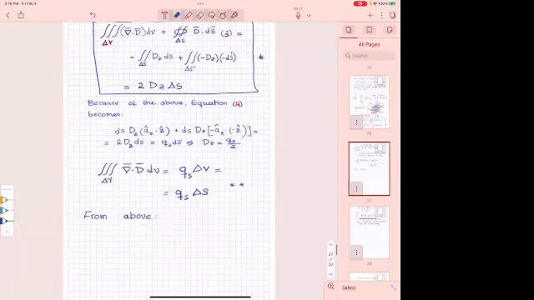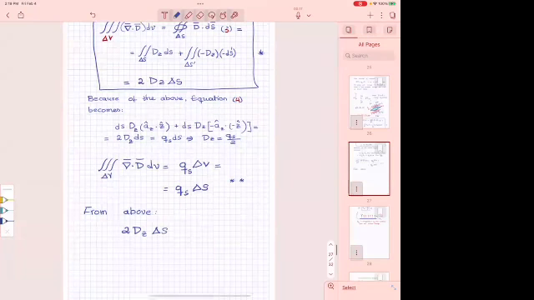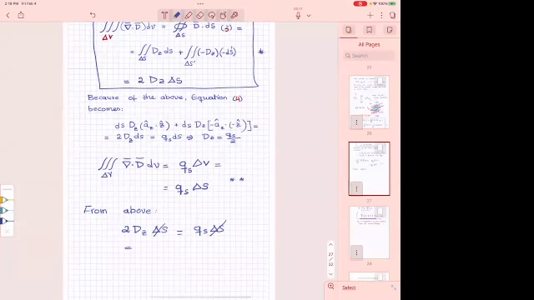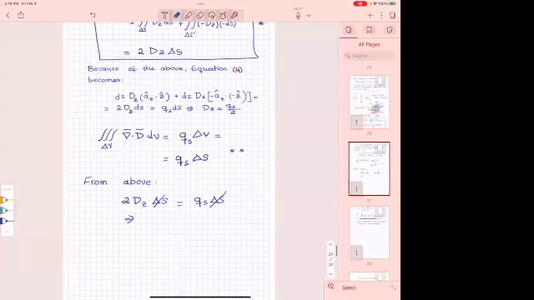I found that 2 D sub z delta s equals Q sub s delta s, which gives me something very interesting. And it's that D sub z equals Q sub s divided by 2. How about that?